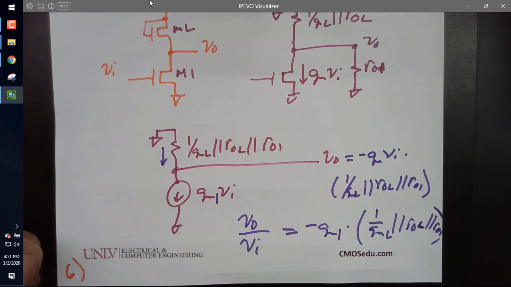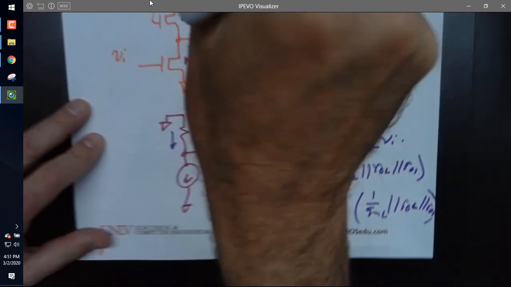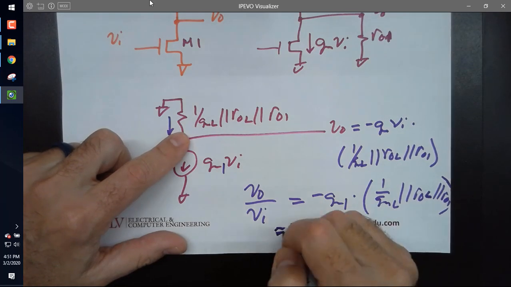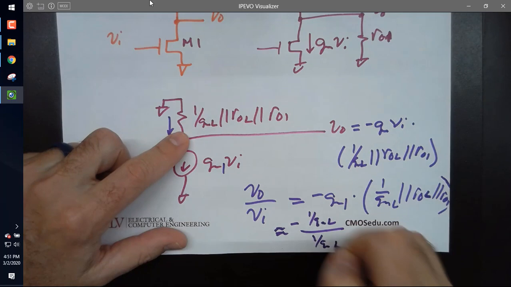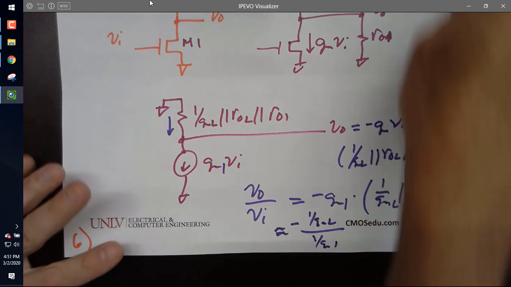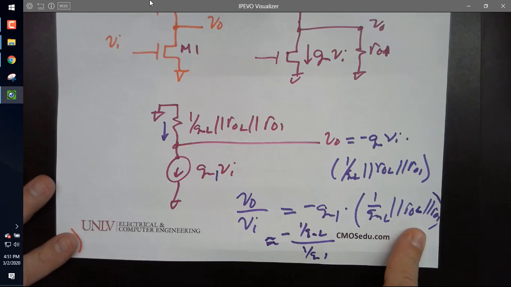Now I'm going to take this one step further, and I'm going to say that that can also be written as minus, or approximately, 1 over GML over 1 over GM1, assuming that the 1 over GM is much, much smaller than the R out.